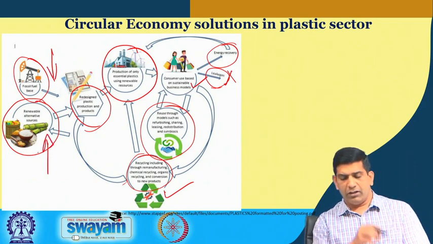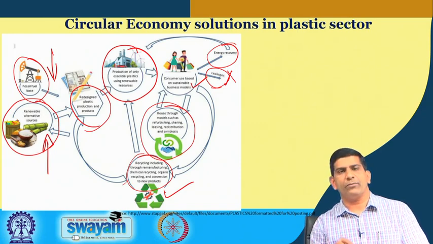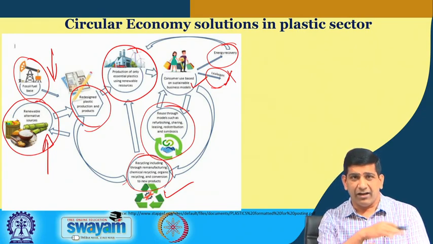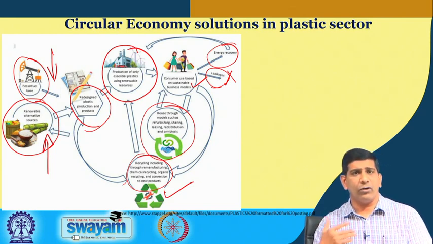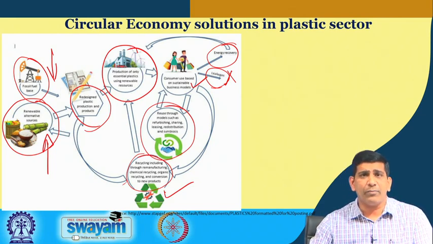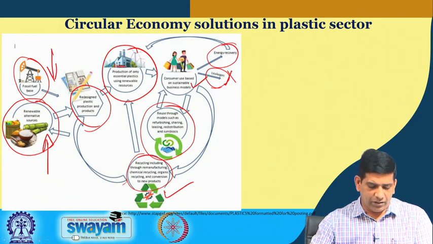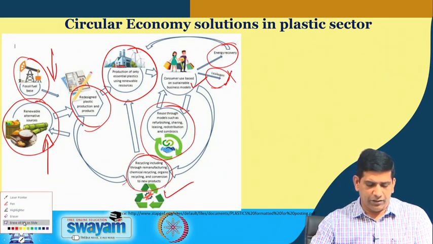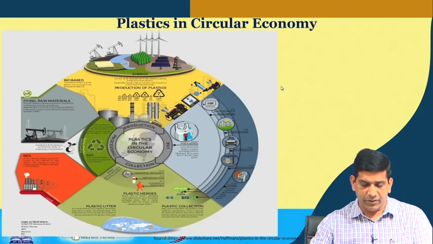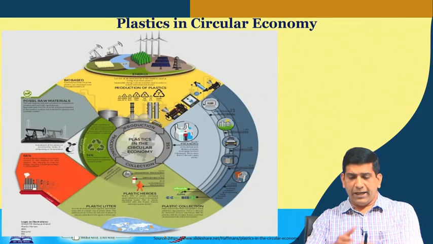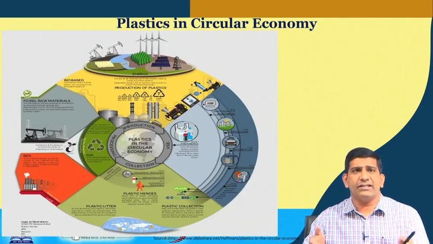So, that is all in terms of the concept of plastic being reused within the same system, recycled and reused more and more. And when it cannot be recycled, ultimately the thing will be to put it in a waste to energy plant. That will also be a kind of resource recovery. So, again, another example of plastics in the circular economy.